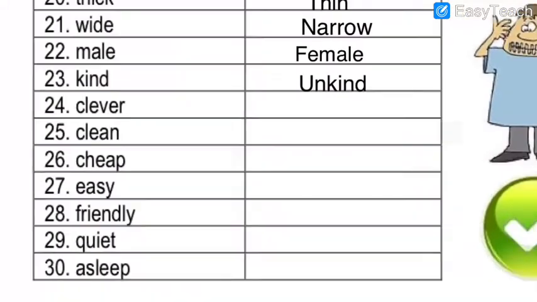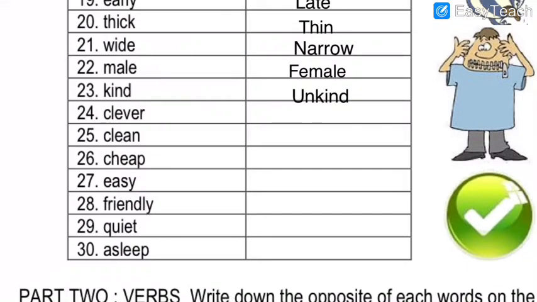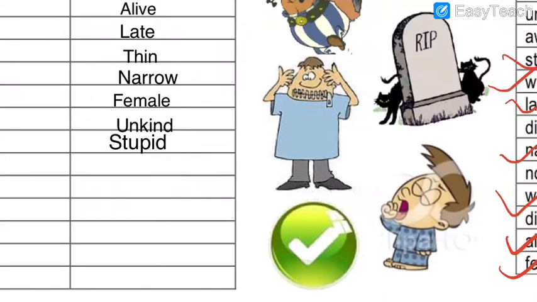So yes, opposite of clever is stupid. Now, one extra piece of knowledge I'll give you. See, generally people call this stupid, but it is not stupid, it is stupid. Stupid. Okay.